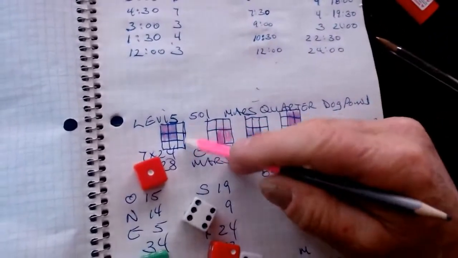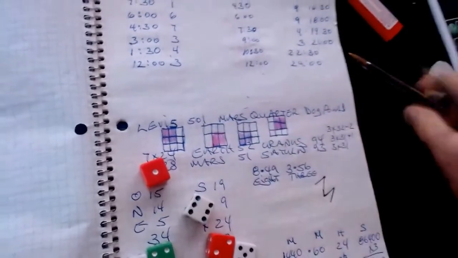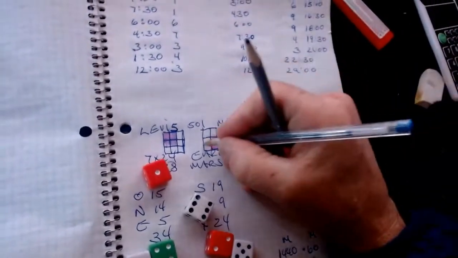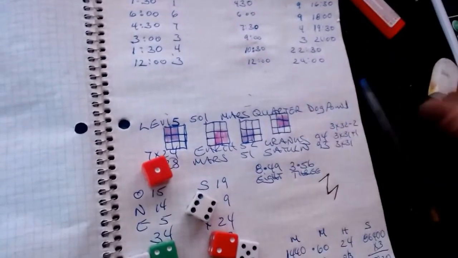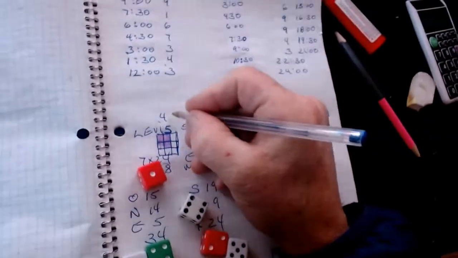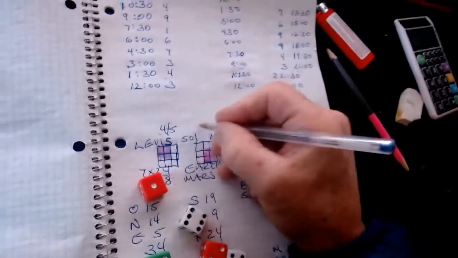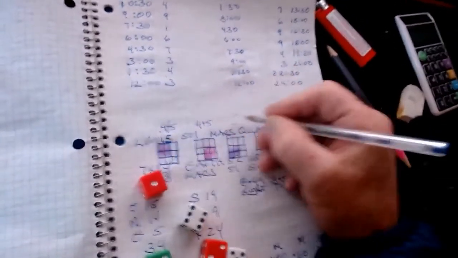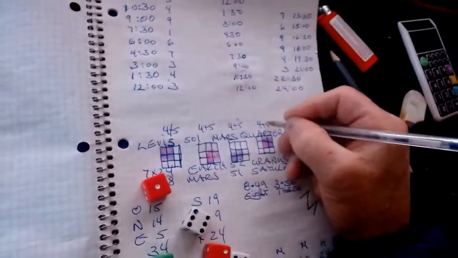So you have 4 and 5. Whoop, I didn't draw the line there. 4 and 5, 4 and 5, 4 and 5, 4 and 5.